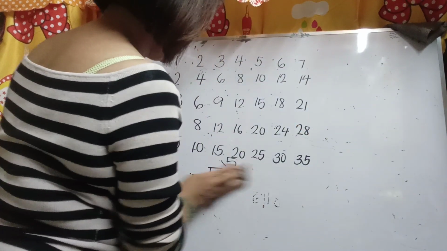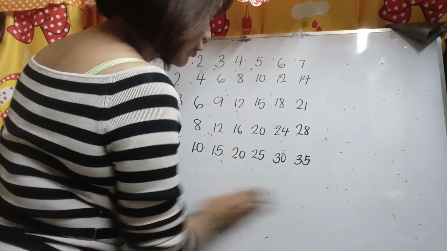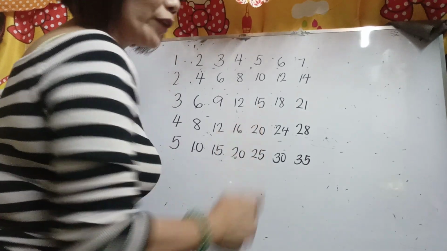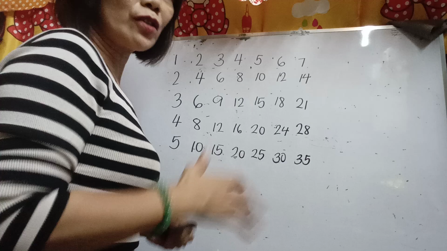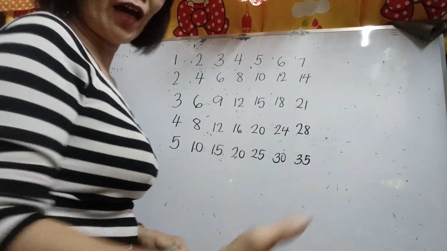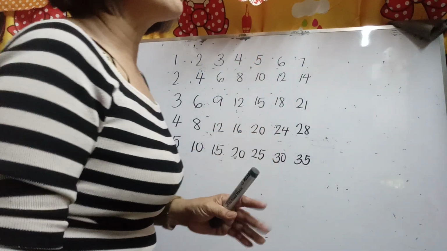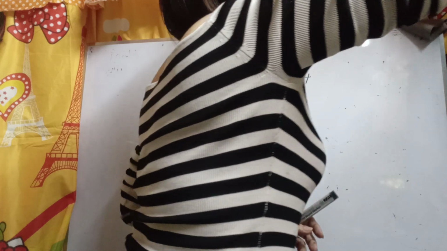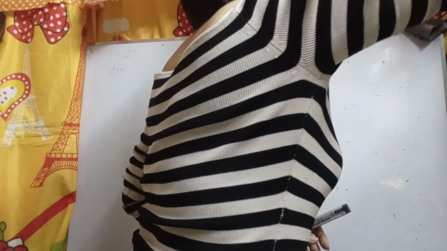Okay. So, from here, this is just a bit of the multiplication table that we have at the back of our notebook. Okay? Let me see if I have one here. Okay, so this is it.